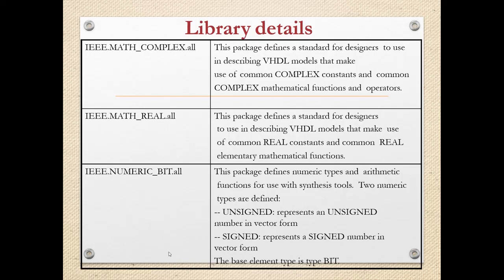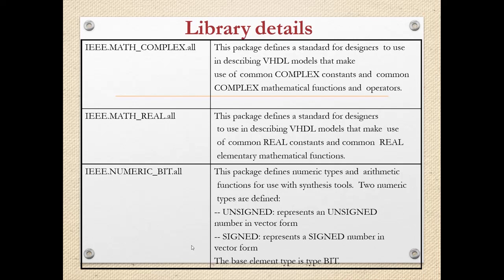Now, which types of libraries are available to use in VHDL? Those are mentioned over here. That is IEEE.math_complex.all. This package defines the standard for designers to use in describing VHDL models that make use of common complex constants.